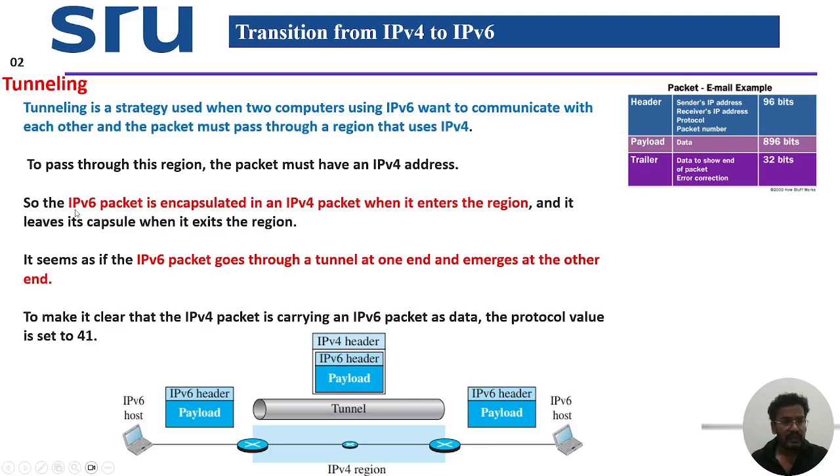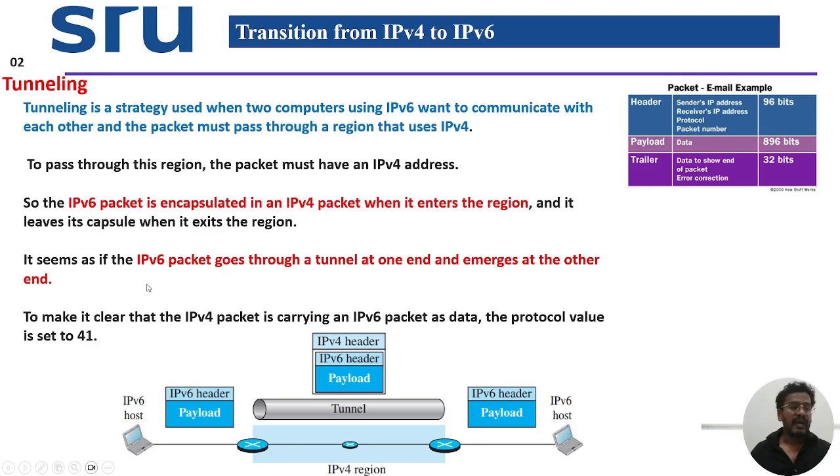So the IPv6 packet is encapsulated in an IPv4 packet when it enters the region. When it enters the region, it is encapsulated in the IPv4 packet, and it leaves its capsule when it exits the region. So up to here, it stays encapsulated. When it reaches the exit of the tunnel, it goes back to the IPv6 mode.